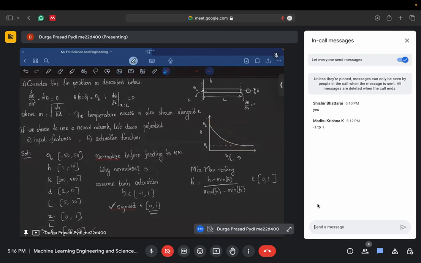Is it exponential decay? Yeah, so if it is an exponential decay, can I use any better feature than directly using these linear variables?